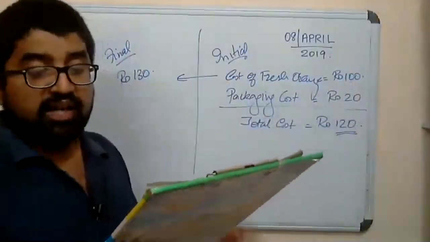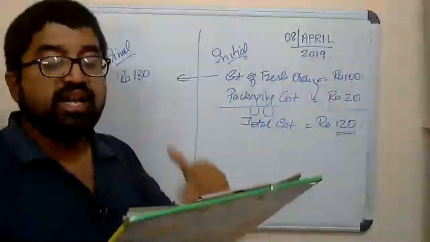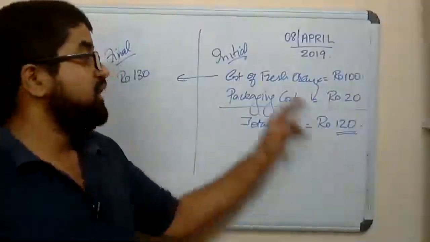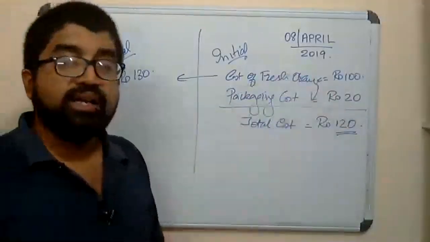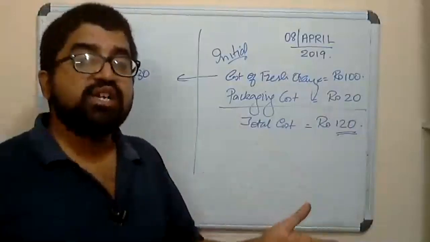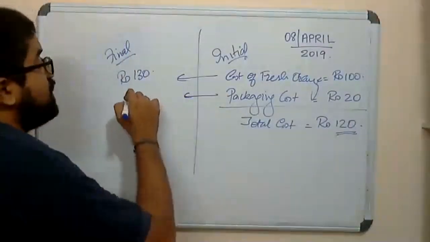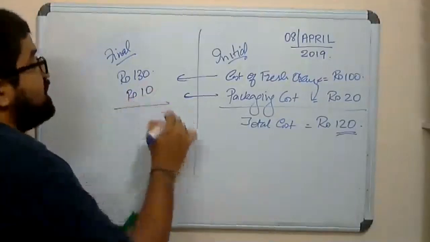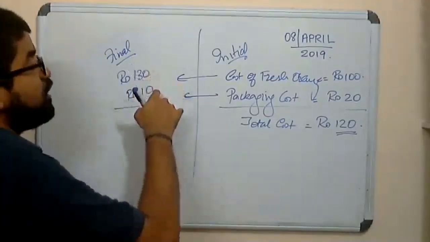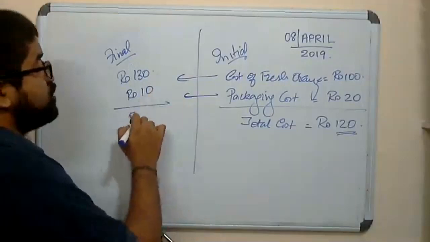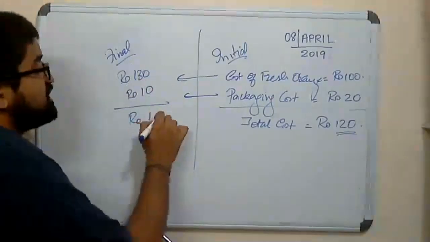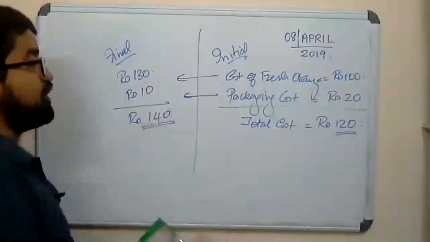It is given that the cost of packaging decreased by 50%. Initially, it is equal to 20. 50% reduction means now the packaging cost is equal to rupees 10. The total cost will be cost of the orange plus packaging cost, that comes to rupees 130 plus 10, that is equal to rupees 140.